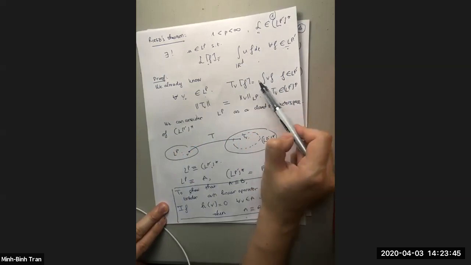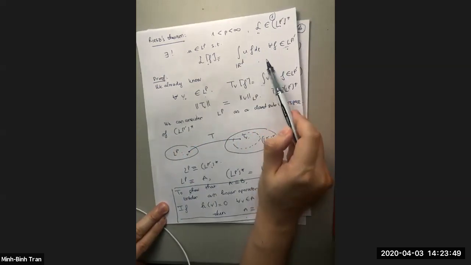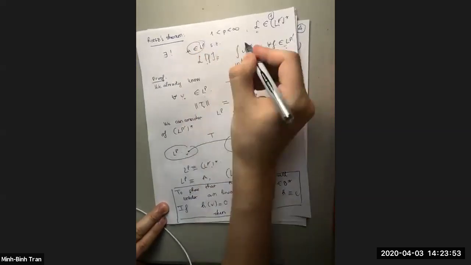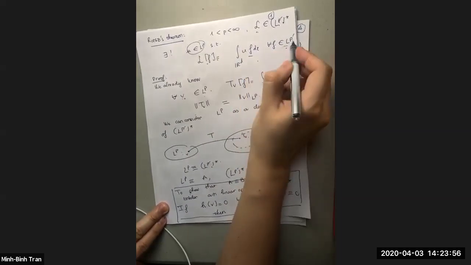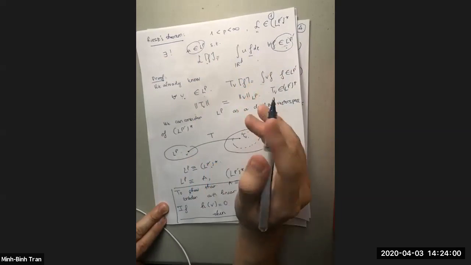Basically the Riesz theorem says that this is the only form that we have. You integrate one U in L^p with all of the F in L^p', and this is the unique form of all of the linear operators.